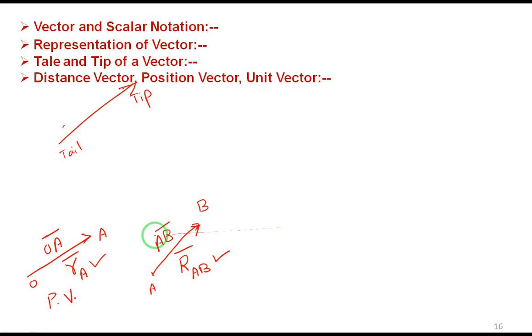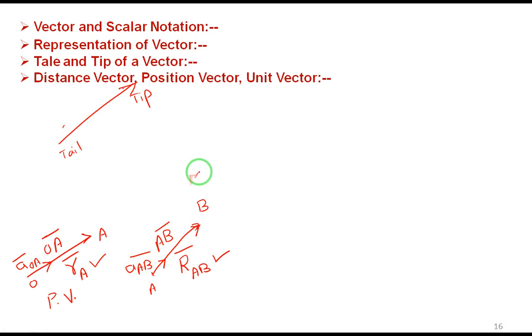And the unit vector: for this vector OA, what is the unit vector? A unit vector is a vector whose magnitude is unity, but it shows us the direction. So along vector OA, the unit vector is a_OA, using the small letter a. This is the unit vector directed along the vector OA. Similarly, the unit vector directed along AB is a_AB. So this is the notation we are going to use: vector AB, a_AB, small letter.